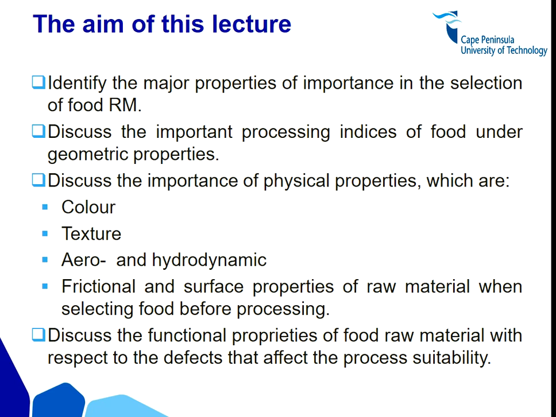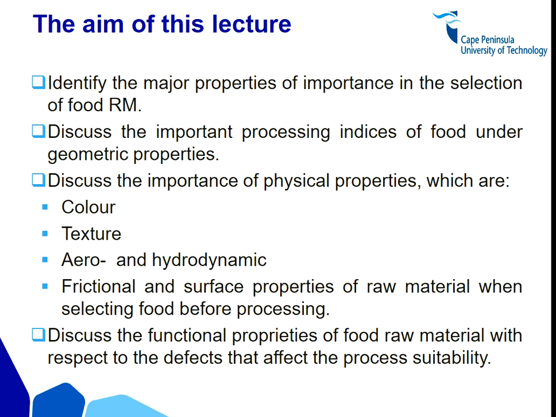So the aim of this lecture is that you as a student should be able to identify the major properties of importance in the selection of food raw materials, and more importantly, you should be able to discuss the important processing indices of food under geometric properties. Very important. And you should also be able to discuss the importance of physical properties.